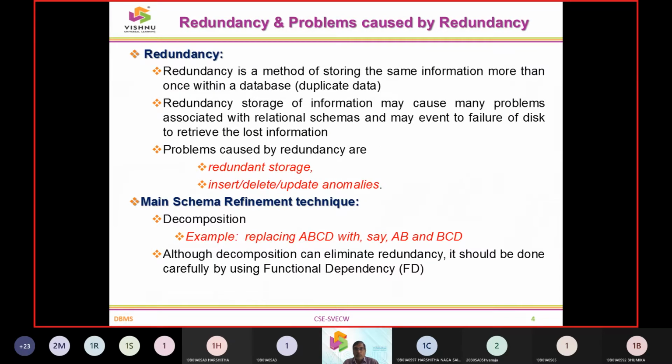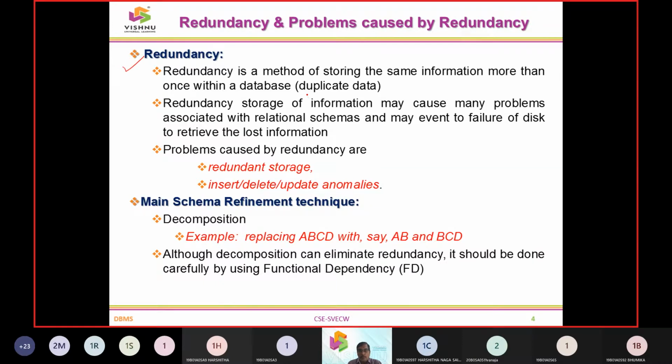When we talk about decomposition and normalization, the first and foremost word will be a word called redundancy.